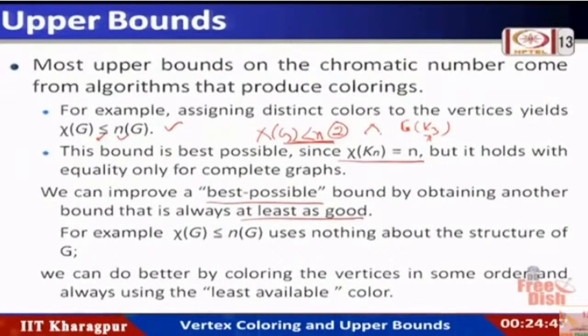Because if we say that the upper bound of a chromatic number is Ng, that means we haven't looked inside the structure of that graph, and we have assumed the structure of a complete graph and established a bound. So if the graph is not a complete graph, then a better bound is to be ascertained. We can do better by coloring the vertices in some order and always using the least available color.